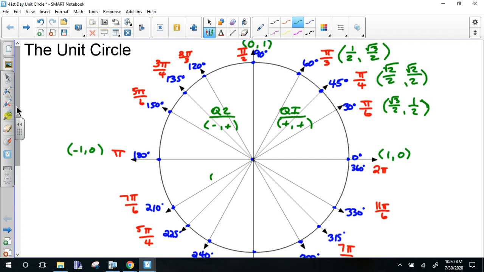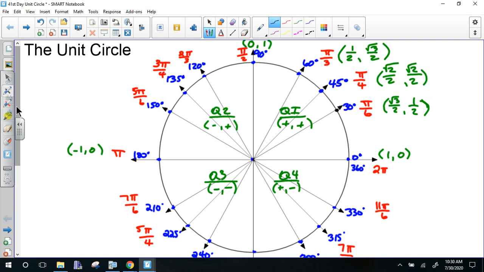Quadrant 3, both are negative. And quadrant 4, the x is positive and the y is negative. So let me show you how this works.